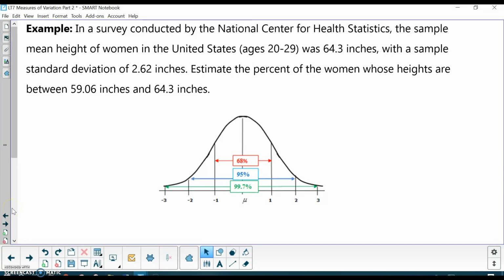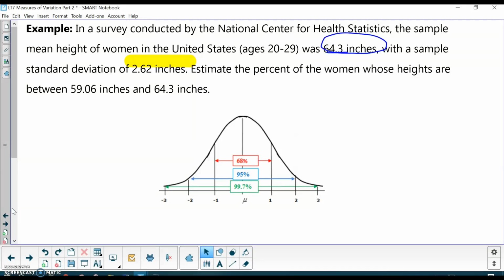Okay. So in this survey, we're given a sample mean of 64.3 inches. We're also given the standard deviation. So on these problems where you're asked to interpret, you might be asked to find the standard deviation, but most of the time they're going to give you the mean and the standard deviation.